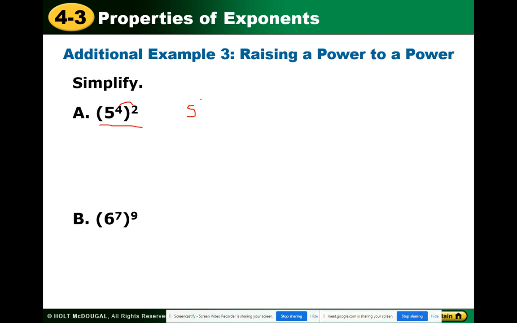All right, that would work because we could do 5 to the 4th times 5 to the 4th. So what is our answer then? So what did we do with the exponents here? 5 to the 8th power. You multiplied it out for us, didn't you? All right, that works good.